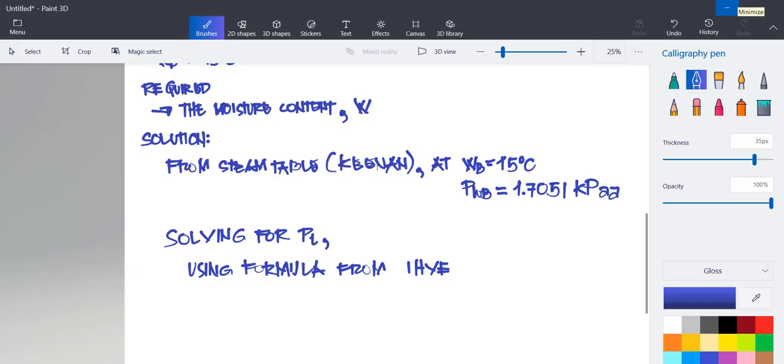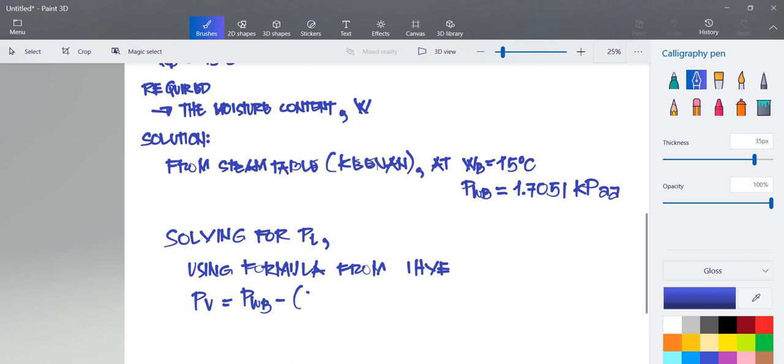Okay, so that will be the partial pressure of vapor, equal to the pressure at wet bulb minus 6.66 times 10 to the power of -4 multiplied by your total partial pressure, then multiplied by the dry bulb temperature minus the wet bulb.